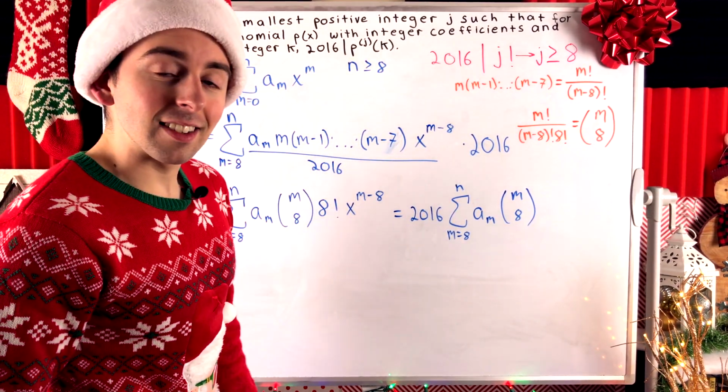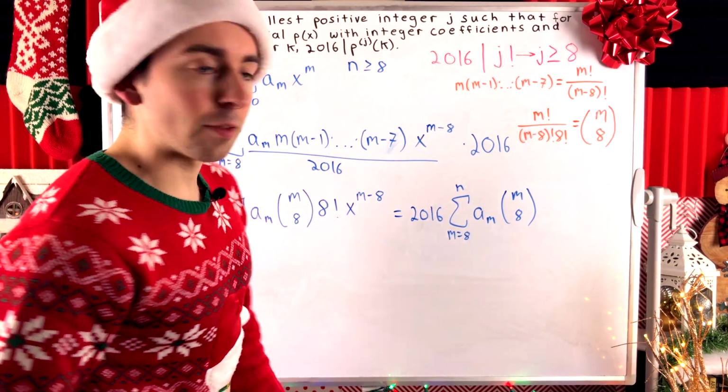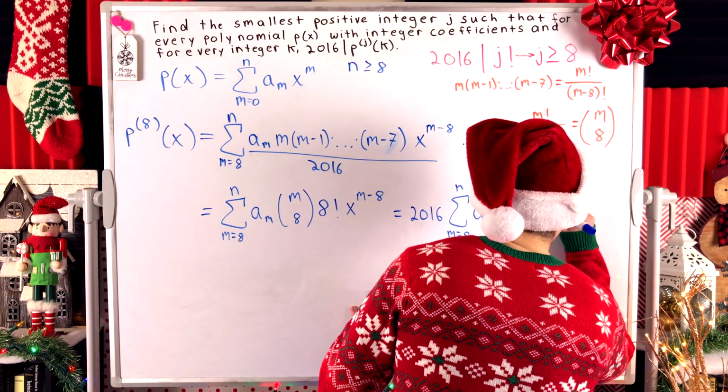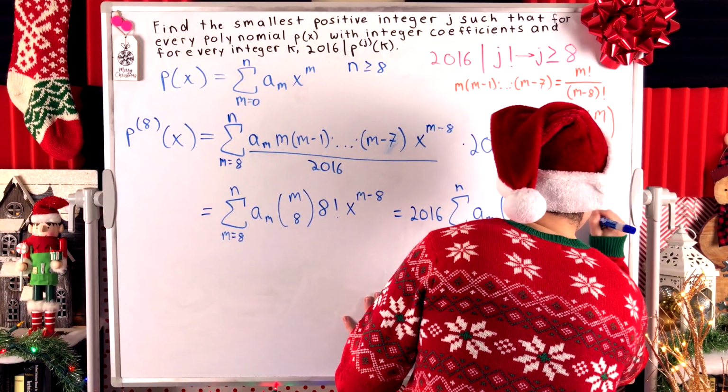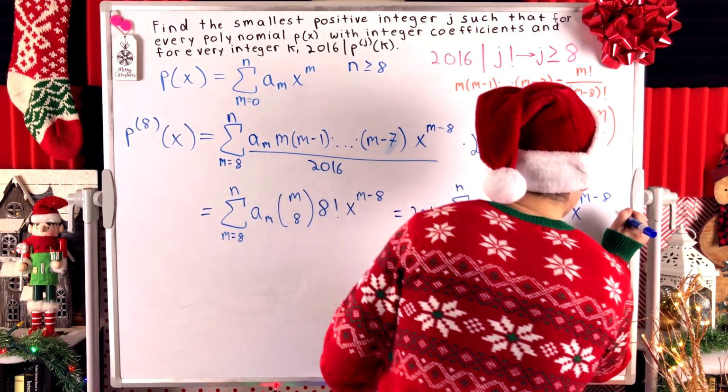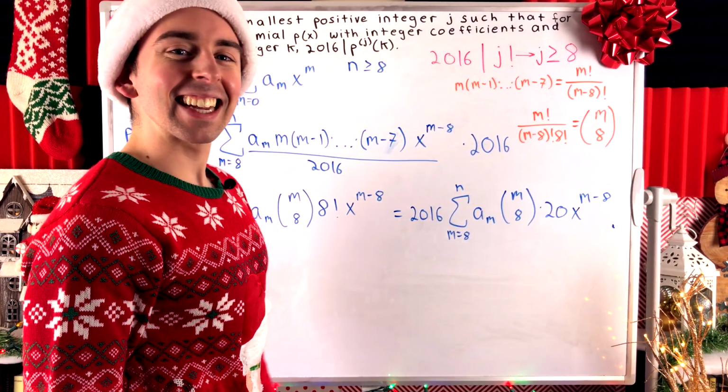Well, 2016 times 20 is 8 factorial. So what's left is a factor of 20, and then our variable term, x to the power of m minus 8. And isn't that dandy?